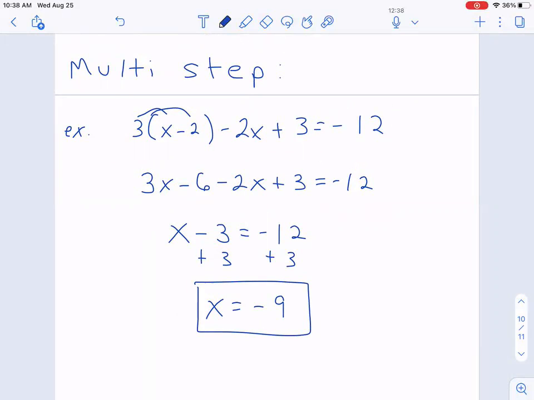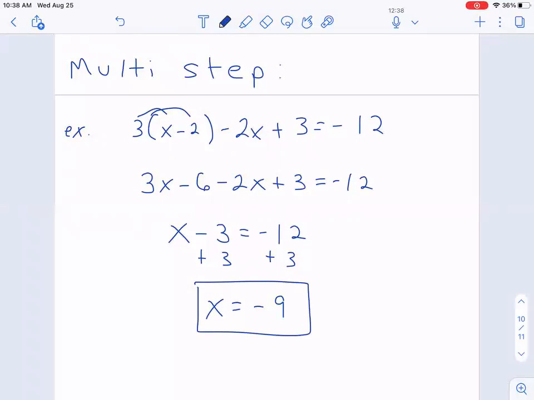So it's a harder problem because we have multiple steps, but the steps are all things that we've done: distributing in the first step, combining like terms in the second step, and then adding something or subtracting something from both sides in the third step. We just need to piece it all together.